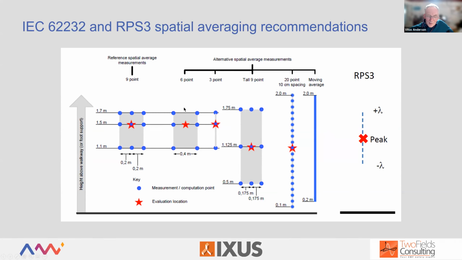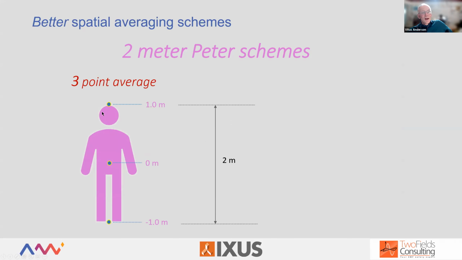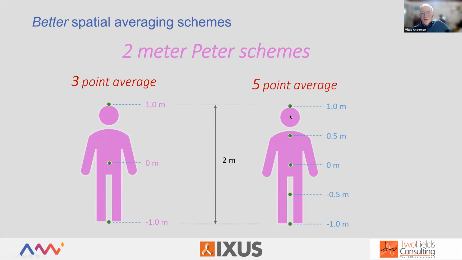So what I'd like to propose in the next slide are some better averaging schemes, which I've called the 2 meter Peter schemes. These are based on a projected body space over 2 meters, looking at either a 3-point average, at the top of the head, the middle of the body, and the bottom of the body, or a 5-point average: at the top, around the chest, around the middle, around the knees, and down at the feet.